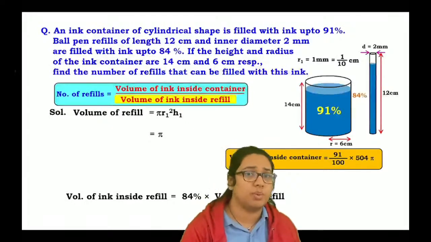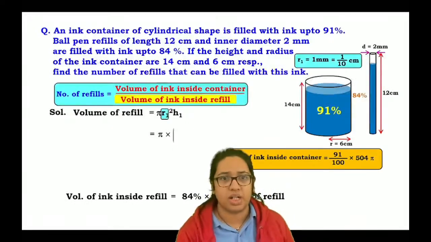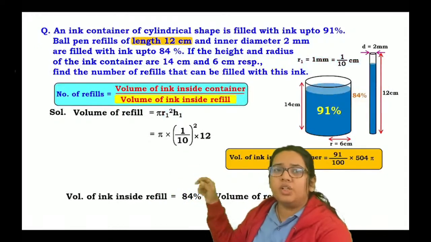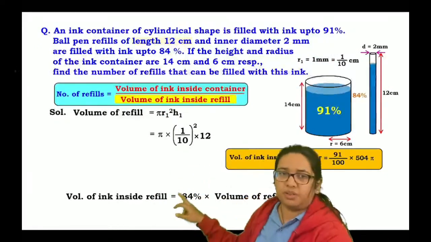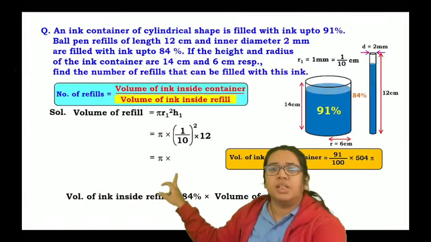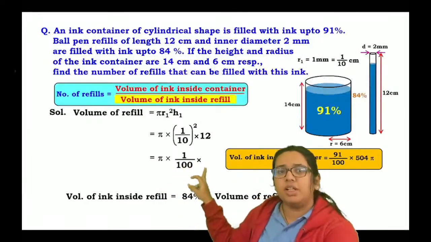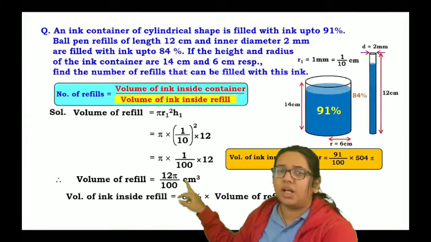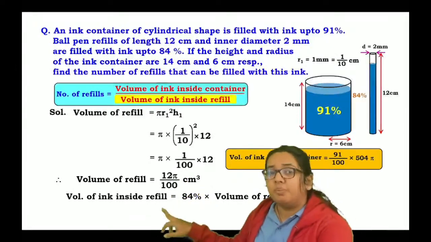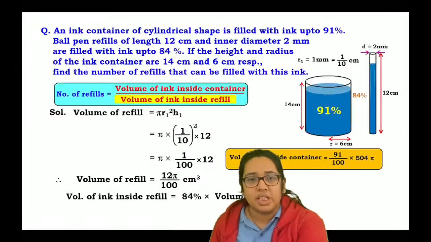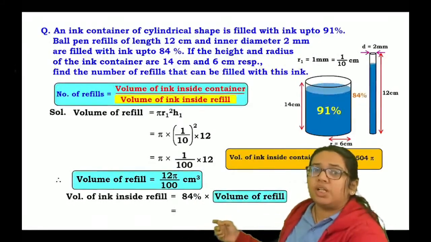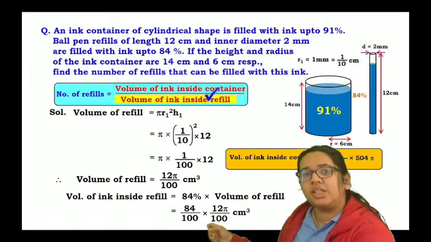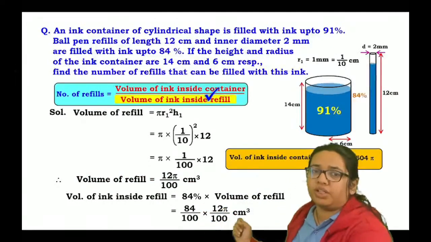We know that 1 mm is 1 upon 10 centimeter. So it will be pi into (1 upon 10) square into h, which is 12 centimeter. Hence it will be pi into 1 upon 100 into 12. So the volume of the refill is 12 pi upon 100 cubic centimeter. But we have to find the ink inside that refill, so 84% of the volume of the refill, that is 84% of 12 pi upon 100 cubic centimeter.